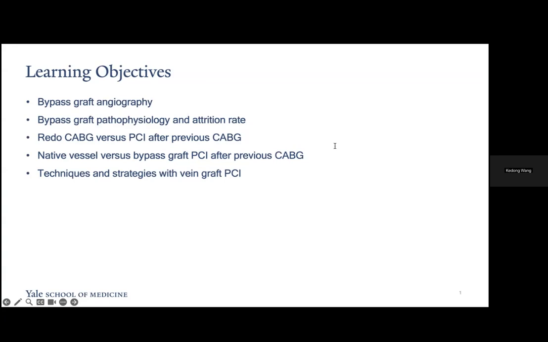We will talk a little bit about redo CABG versus PCI, either of the vein graft versus native vessel, and some of the data surrounding that. And then lastly, we'll talk about some techniques and strategies that should be considered with vein graft PCI, focusing our time specifically on bare metal stent versus drug-eluting stent. We'll also talk a little bit about embolic protection devices.